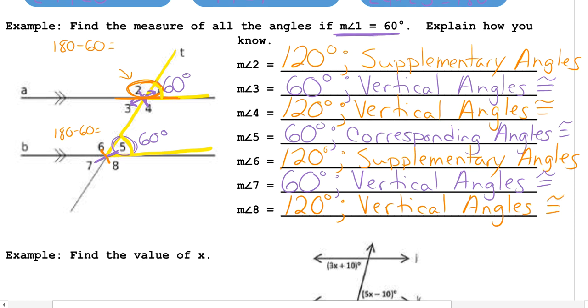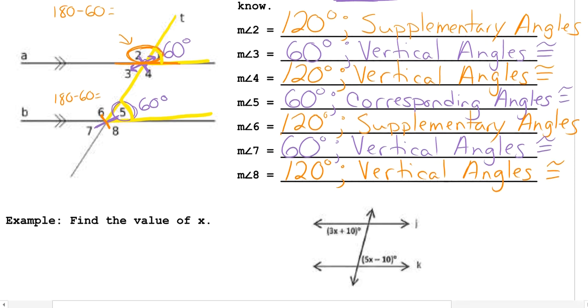Now again, there's many different ways that we could have solved those using different angle relationships. You just have to pick which ones make the most sense. So if you have specific angle relationships that really make sense to you, I would do your best to work with those first before you go to the ones you're less certain of.